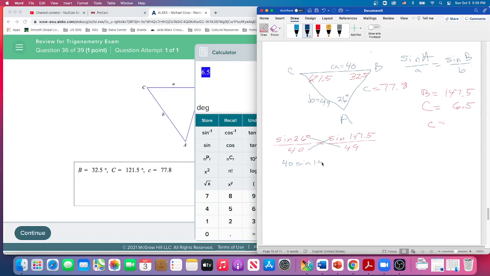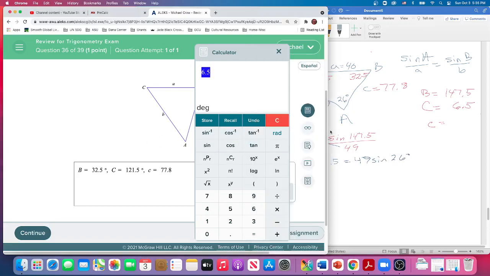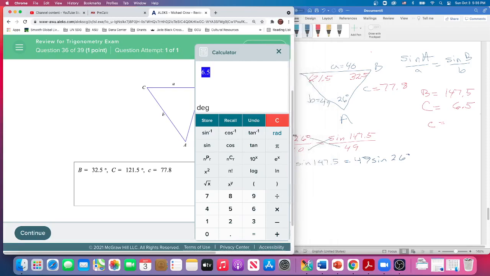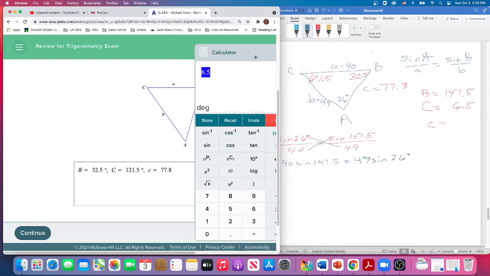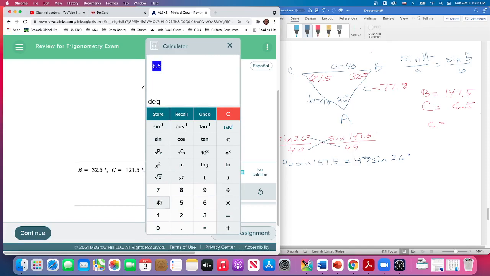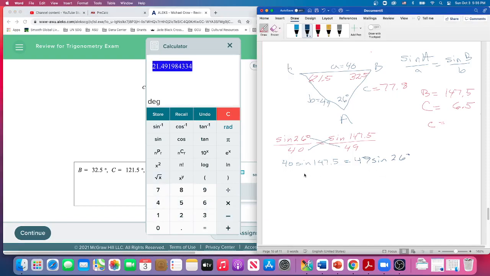40 sine of 147.5, does that equal 49 times the sine of 26? Let's see if both sides come out the same. 40 times the sine of 147.5 is equal to 21.49.